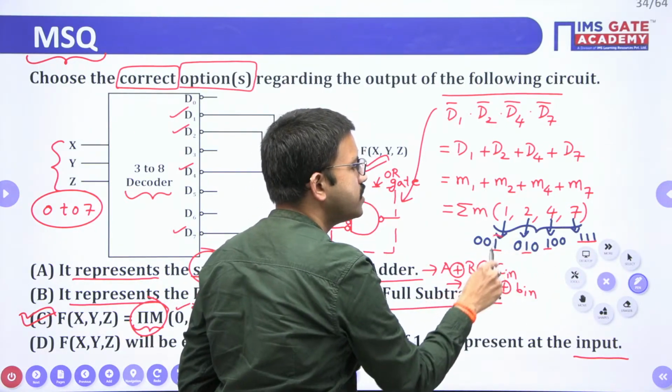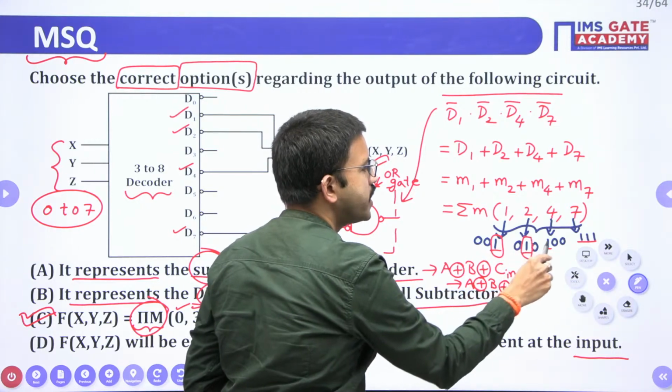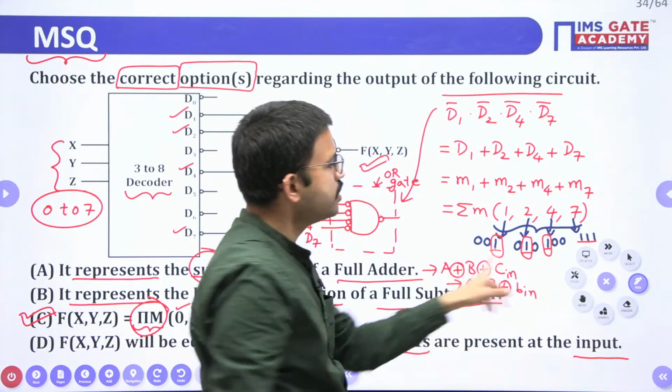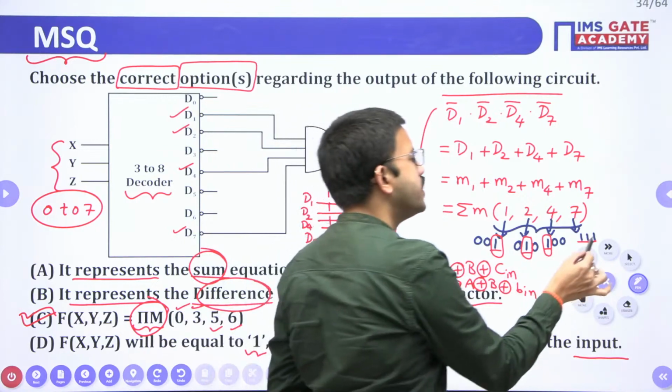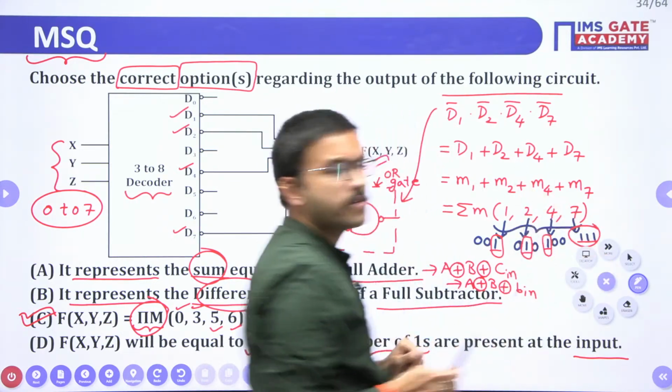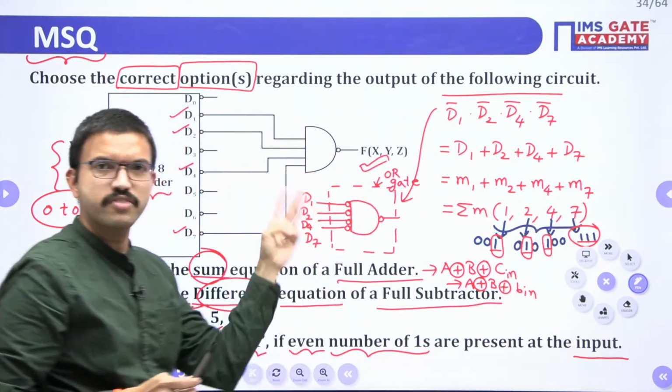Regarding number of ones is 1, these are the 3 possibilities. And regarding number of ones 3, this is only 1 possibility when you are having 3 bits or 3 variables, right?